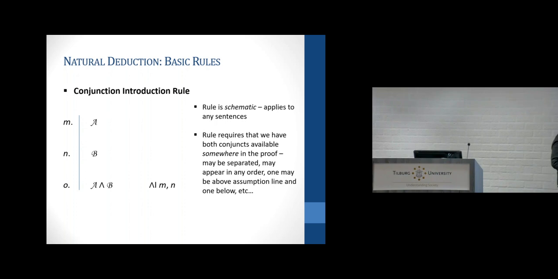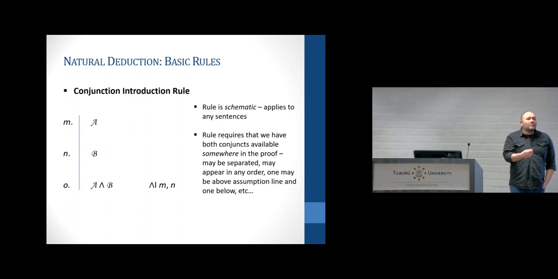We'll also note that I haven't drawn in any assumption lines here. Things above that last line could both be above the assumption line, they could both be below the assumption line, or one could be above and one below. It doesn't matter. What matters is that we'll be able to have the stuff that's on the line. So it's schematic.